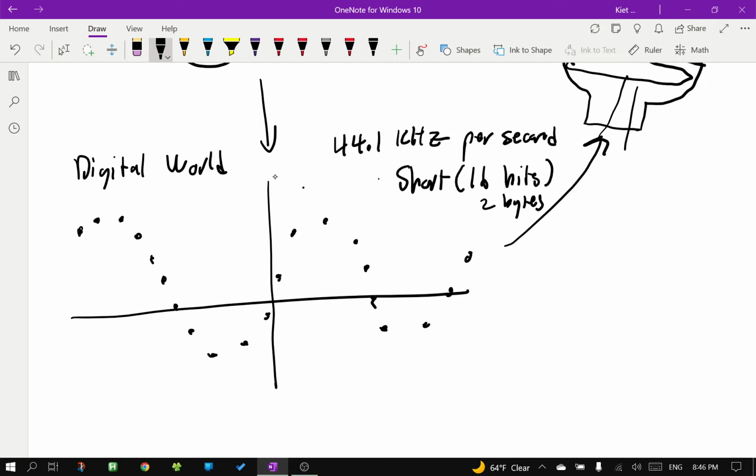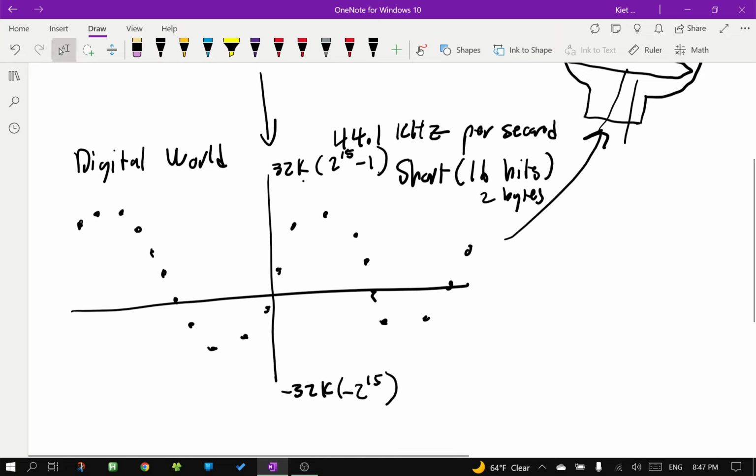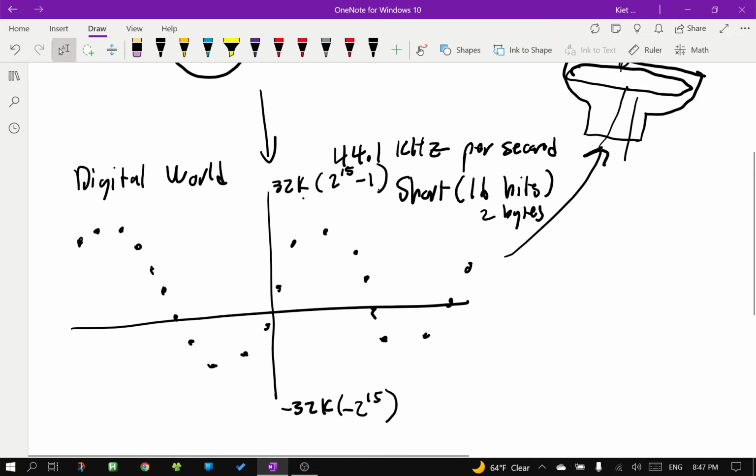So we would represent this positive peak as 32k, and this as negative 32k. This is like 2 to the power of 15 minus 1 here, and 2 to the power of 15 here. So basically we represent these samples as shorts between 32k and negative 32k.